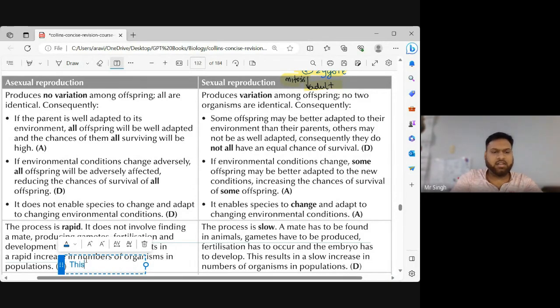All right, so I'll just write that here. This allows them to outcompete all other organisms and take over the environment.